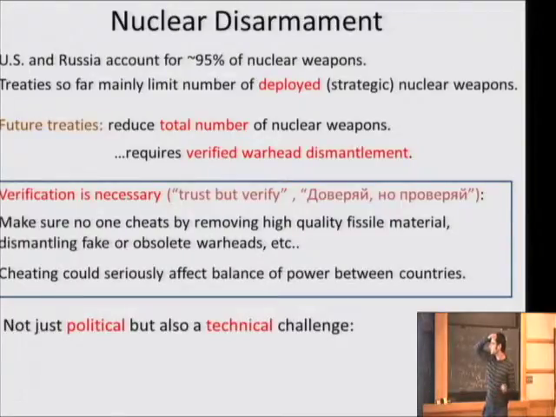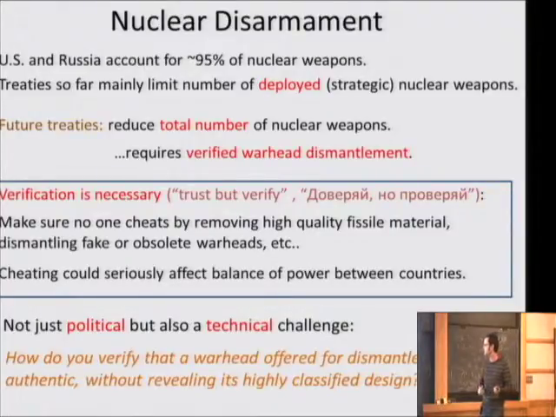And so of course, treaties always involve some political challenges, but there is also a technical challenge. As part of that, you need to verify that the warhead that a country says it's going to dismantle is actually authentic. But you really don't want to reveal the design. It might be surprising, but nuclear warheads are very classified objects and their design is not public information.